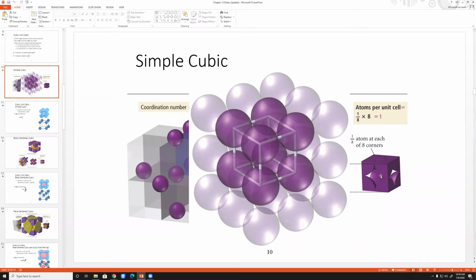In a simple cubic, this is what it looks like, this picture to the right, where it looks like 1/8 of a little subsection of an atom is cut off by each corner. So each corner is 1/8 of an atom. There are 8 corners to this cube. Therefore, each simple cubic represents 1 atom.